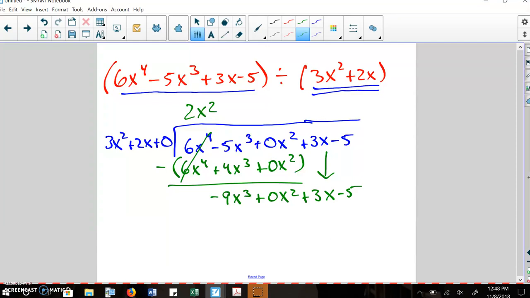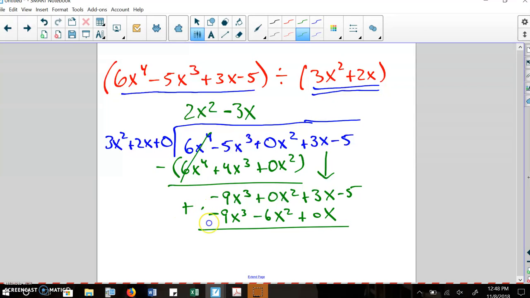And then I'm going to bring the rest of this down. Okay, and then I'm going to start my process over again. So 3x squared times a what gives me a negative 9x cubed? That's going to be a minus 3x. Distribute the negative 3x. We get negative 9x cubed minus 6x squared plus 0x.